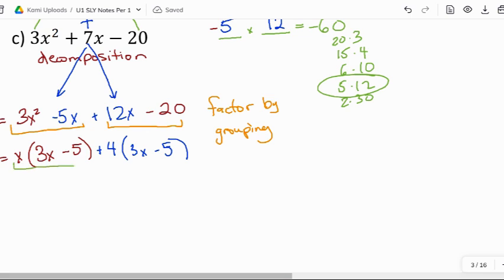If I look at this term and this term, because terms are separated by pluses, I see that they both have the same common factor of 3x minus 5. So you might not be realizing it, but what we are doing in this step is we are just taking out the common factor and writing down what remains.